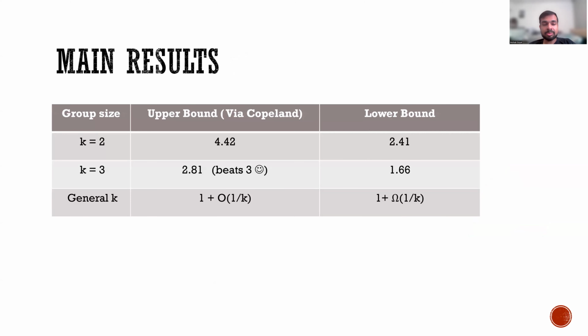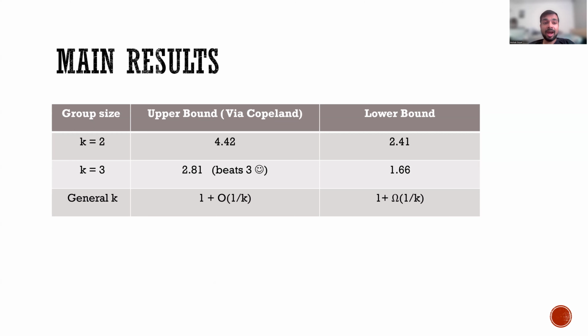And here's a snapshot of our main results. If we aggregate the preferences over all groups of 2 agents, then Copeland's distortion already improves from 5 down to 4.42. However, no social choice rule can beat 2.41.